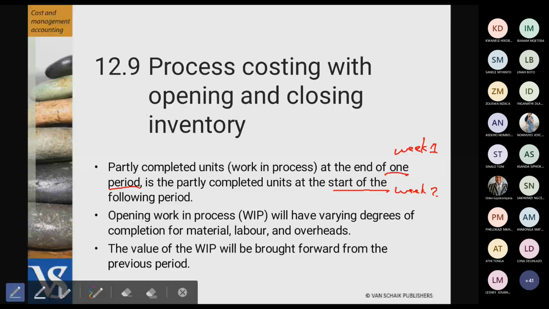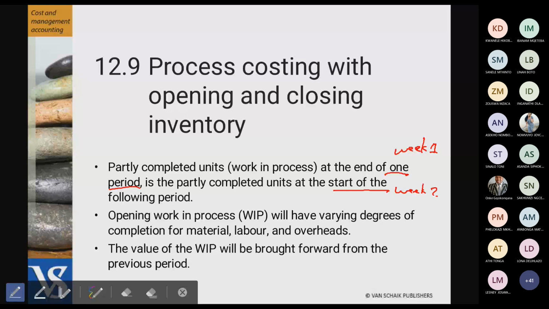Then you only focus on the conversions and the percentage of completion. Then the value of the work in process will be brought forward from the previous period. So we can't just dish it out. This brought forward value will represent the value of the work done in the previous period.